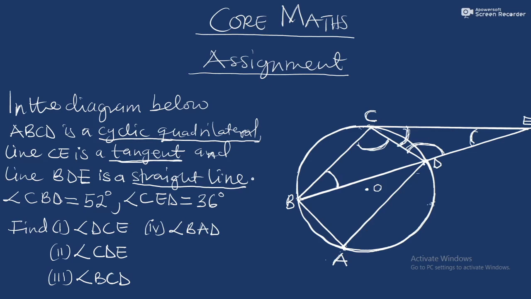So this line and this line form a triangle. Okay, good. Now, when we study the triangle BCD carefully, realize that the angle at D is an exterior angle to the triangle.